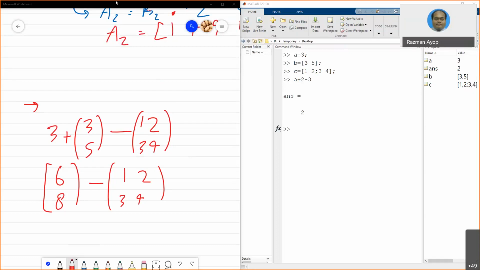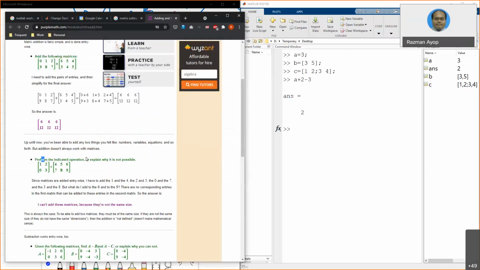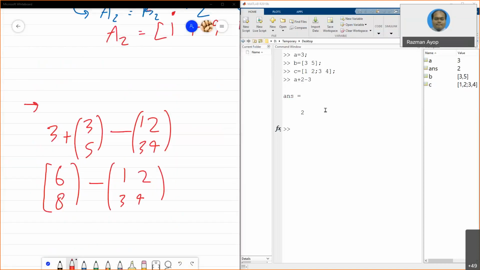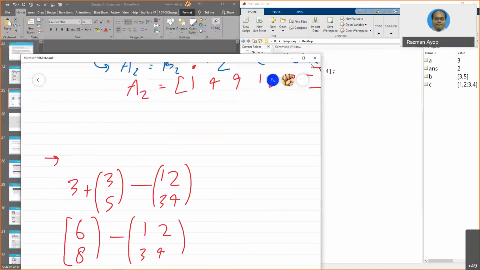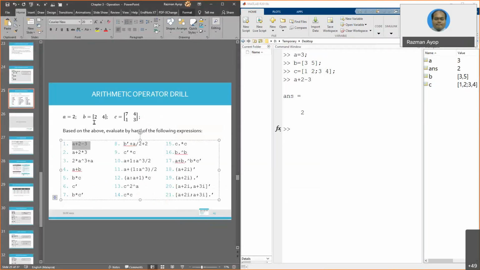Okay, should not be possible. How does it get the answer 2? So can anybody explain? So this is matrix. I'm not sure too much about the matrix with different size.